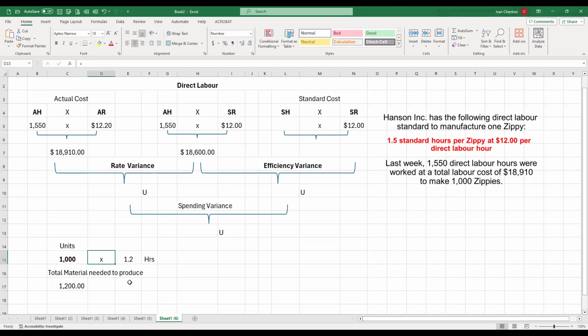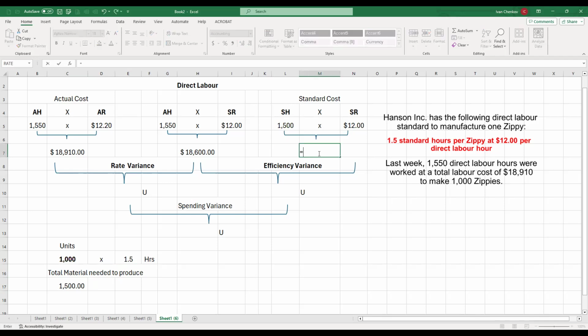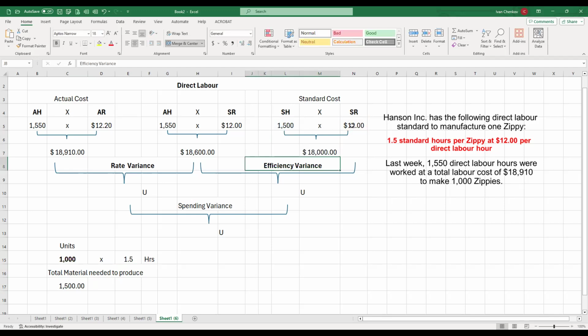And how many hours am I spending per unit? 1.5 hours. So that's gonna give me a total of 1,500 hours. So how much will be my standard cost to produce 1,000 products? Should be $18,000, correct?